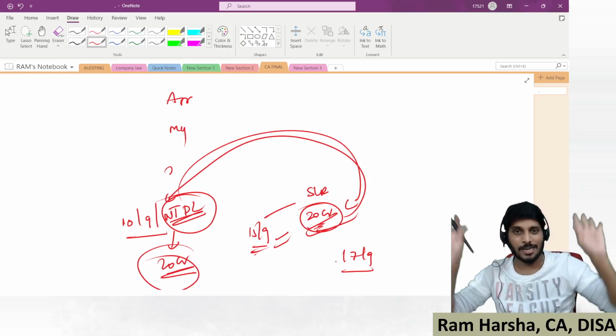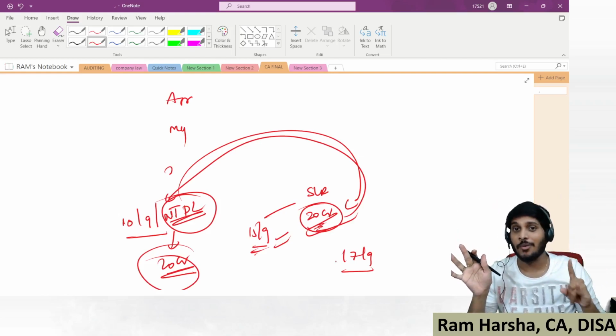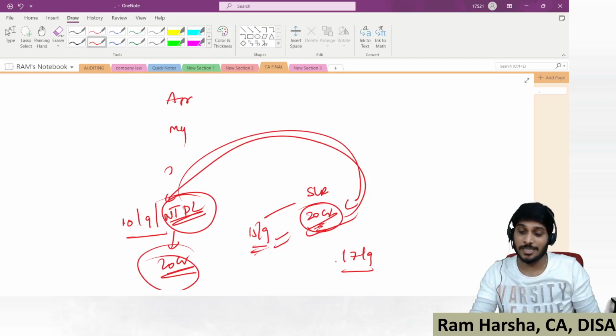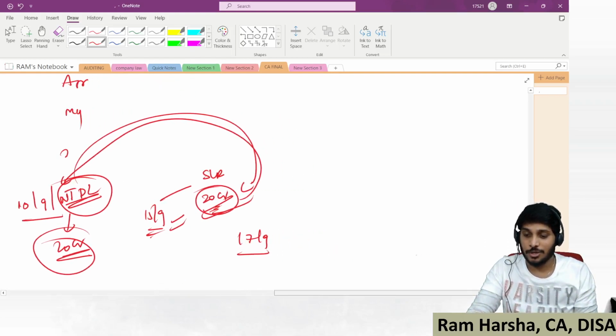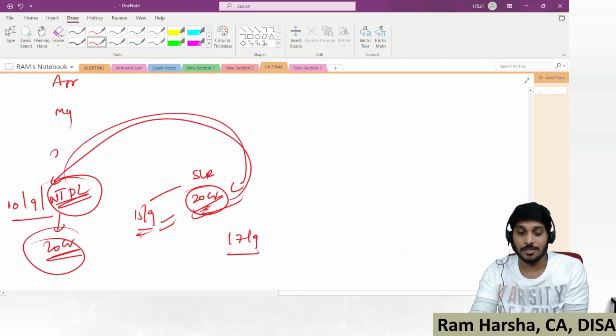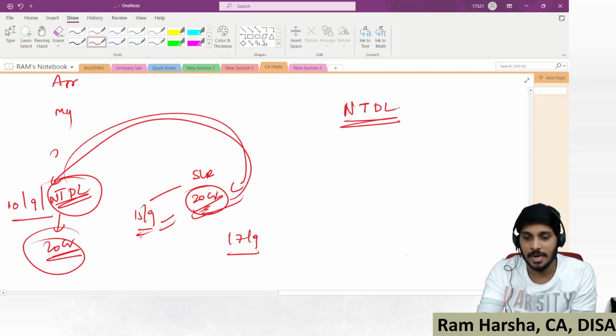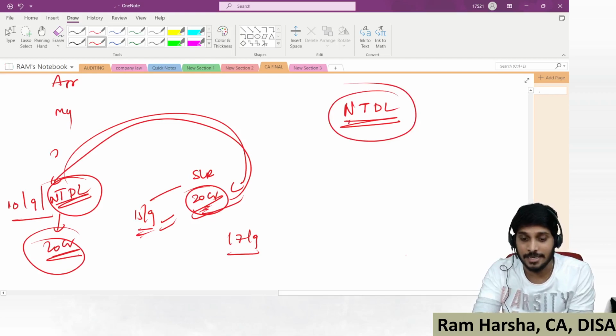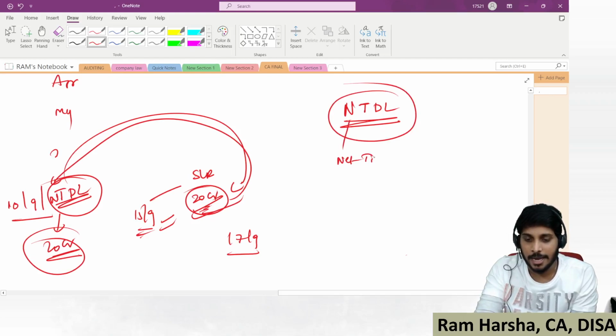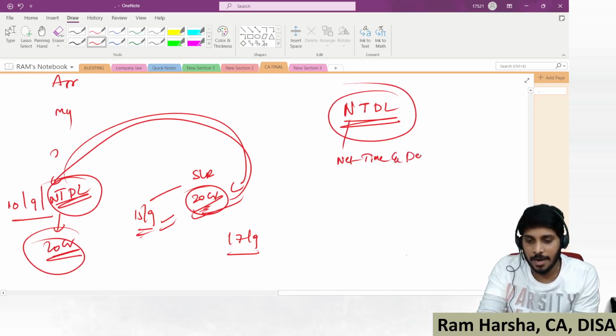This is what is covered in this question. Now there is a little more discussion given in the question. In the answer we are going to discuss how to calculate this net time and demand liability. You can also call it time and demand liability.